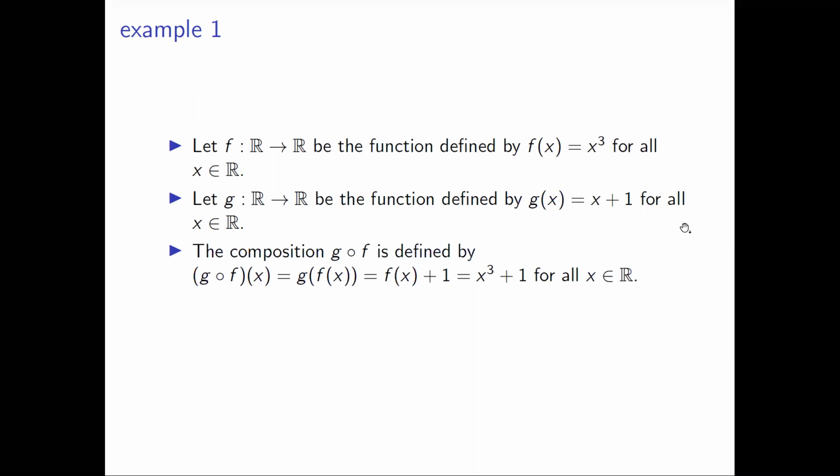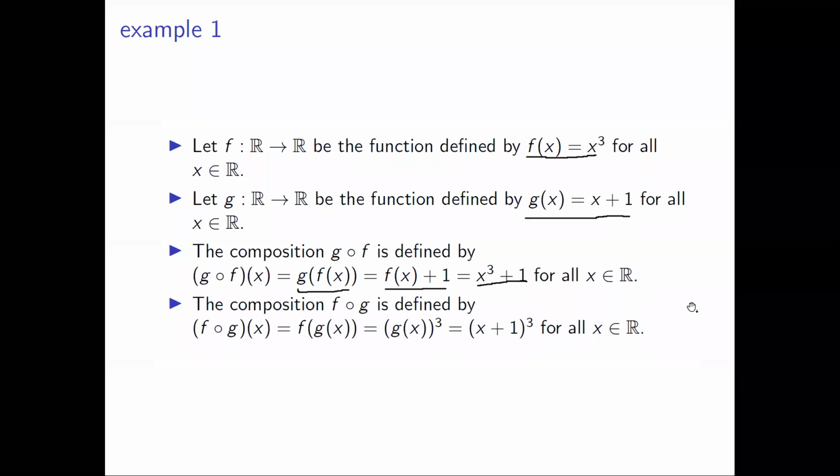So we just need to take for any real number x, g of f of x. And we see that g of x is x plus 1. So g of f of x is going to be f of x plus 1. So that's how we go from here to here. And then we take the definition of f of x equals x cubed. We plug that in here to get x cubed plus 1. So that's the composition of g and f.